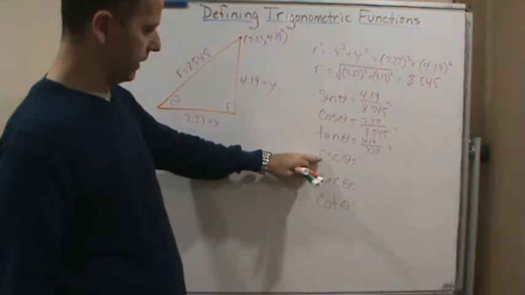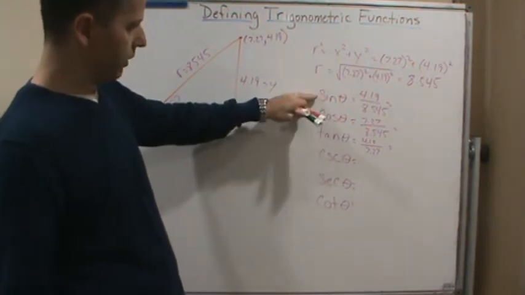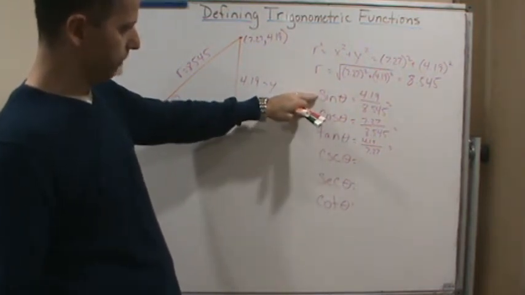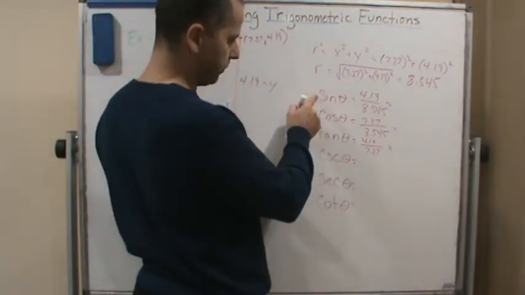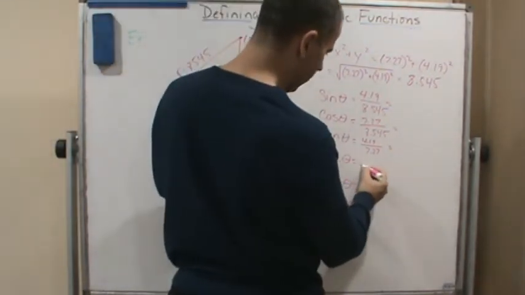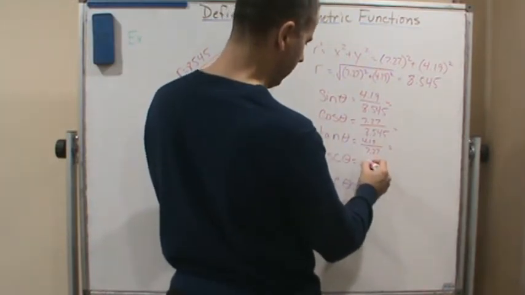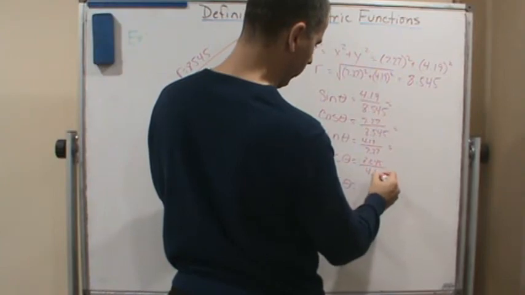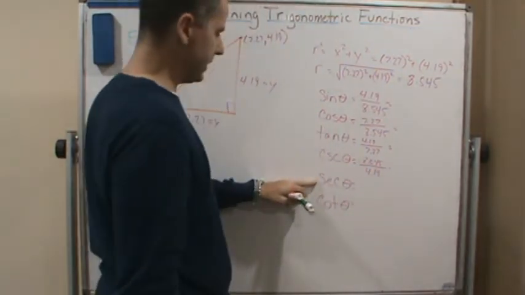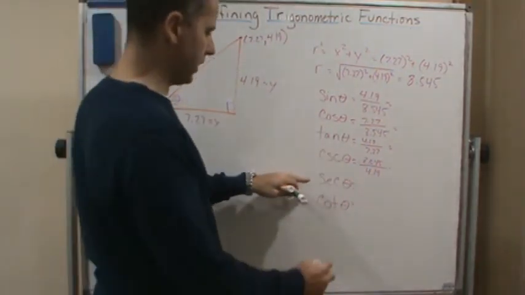Right? And the next three are just reciprocals. So cosecant is the reciprocal of sine. So that's going to be what? 8.545 over 4.19. And then secant is the reciprocal of cosine.